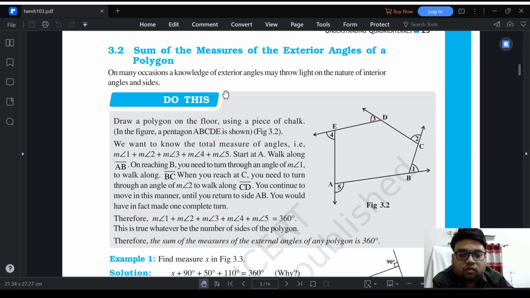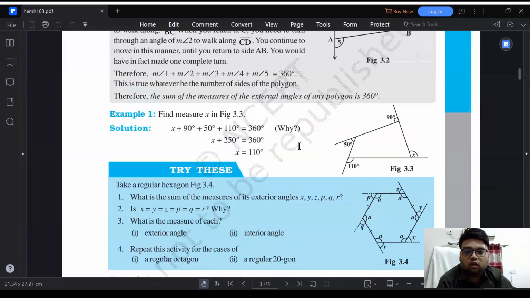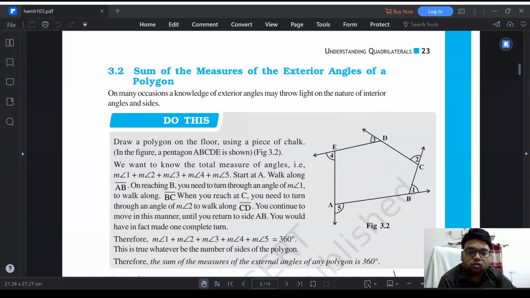Now moving forward, here we can observe the sum of the measures of the exterior angles of a polygon. Firstly, we have to understand what is an exterior angle and what is an interior angle. Exterior means the outer angle and interior means the inner angle. Firstly, I am giving you some formulas and the notation.